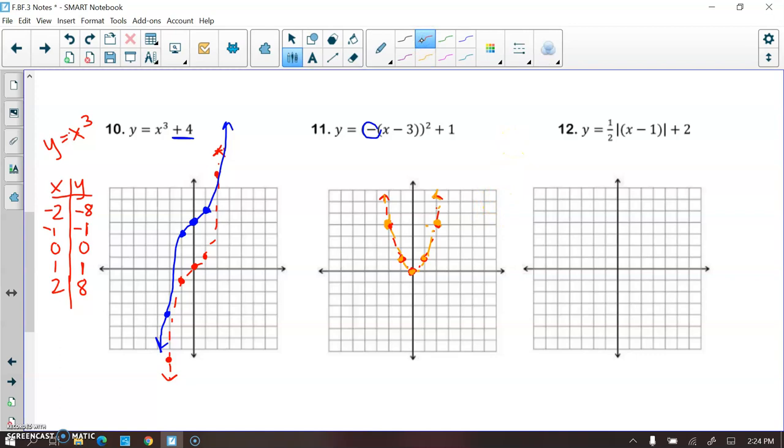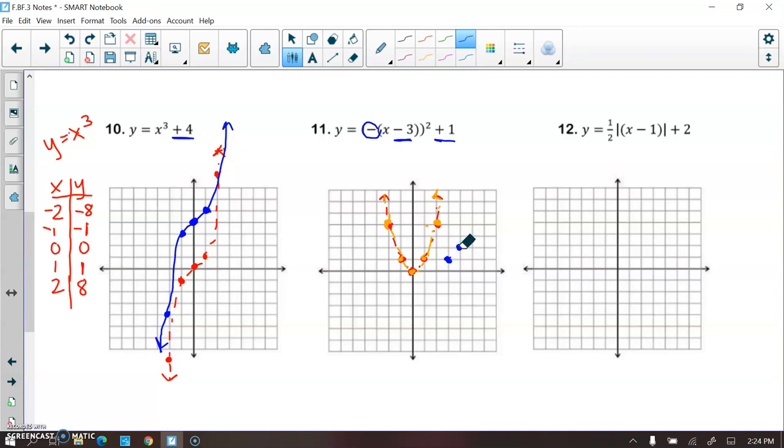So then I'm going to shift my yellow graph now to the right 3 units and up 1. And that's it. So my point 0, 0, shifting it to the right 3 units and up 1, that puts me here. Shifting my point 1, 1 to the right 3 units and up 1 puts me right here.